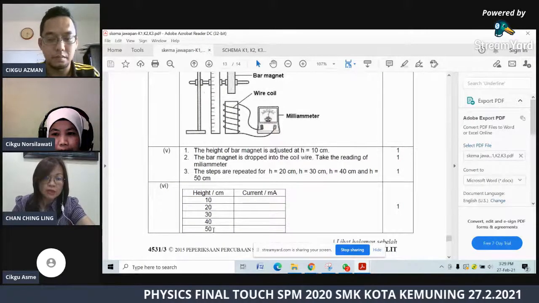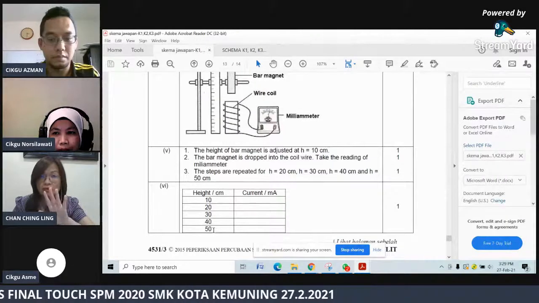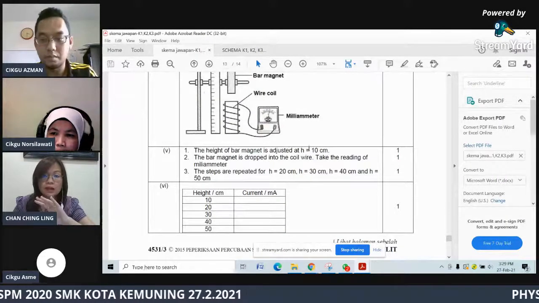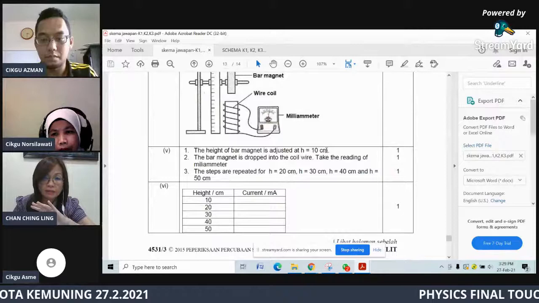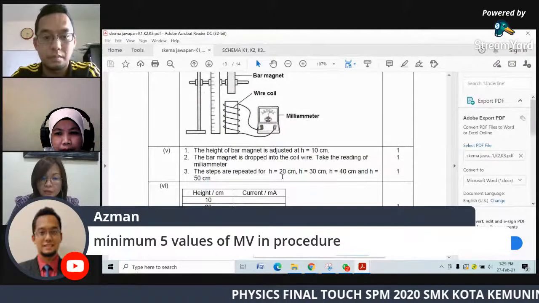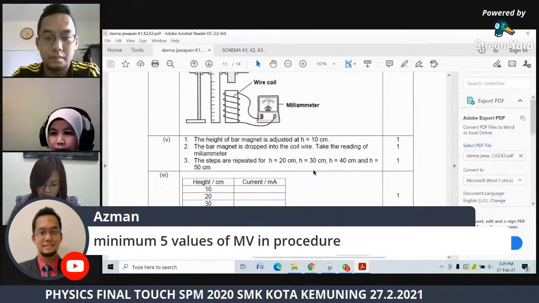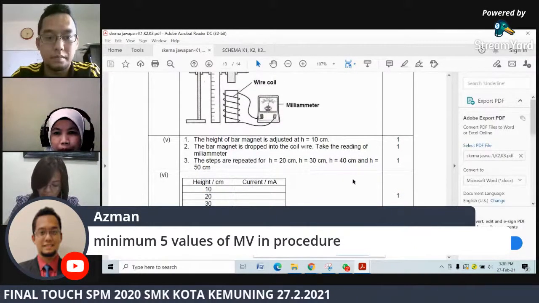All right, so you can put minimum 5. If you put 4, then cannot. Okay, so minimum 5. 5 is 1 at the manipulated variable that you mentioned. Okay, the second one will become your repeat the experiment part. Okay, you put 4.